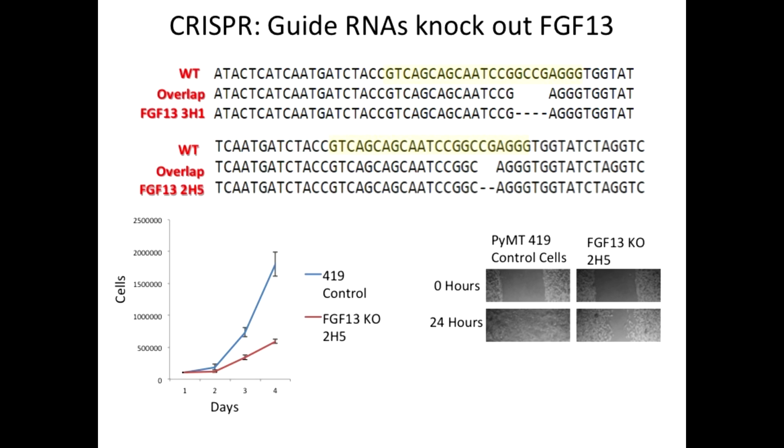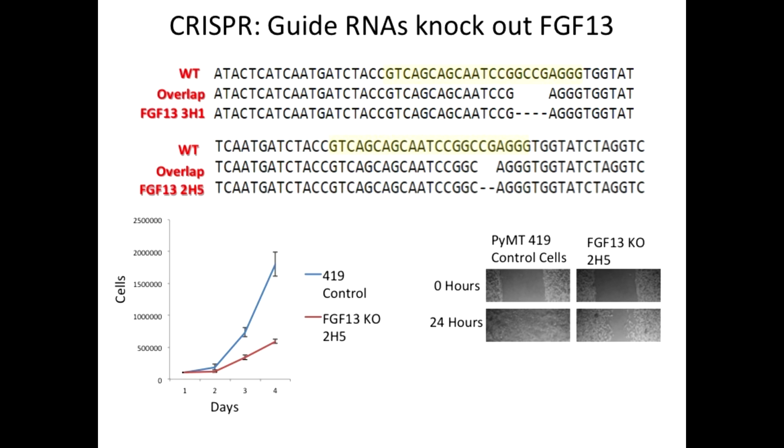We also looked at another gene called FGF13. Some of our CRISPR knockouts are shown here. Again, we see an effect on proliferation and a little bit in the wound healing assay. But then we took this back into the mouse, putting the cells in through a tail vein and asking whether they can colonize the lung.